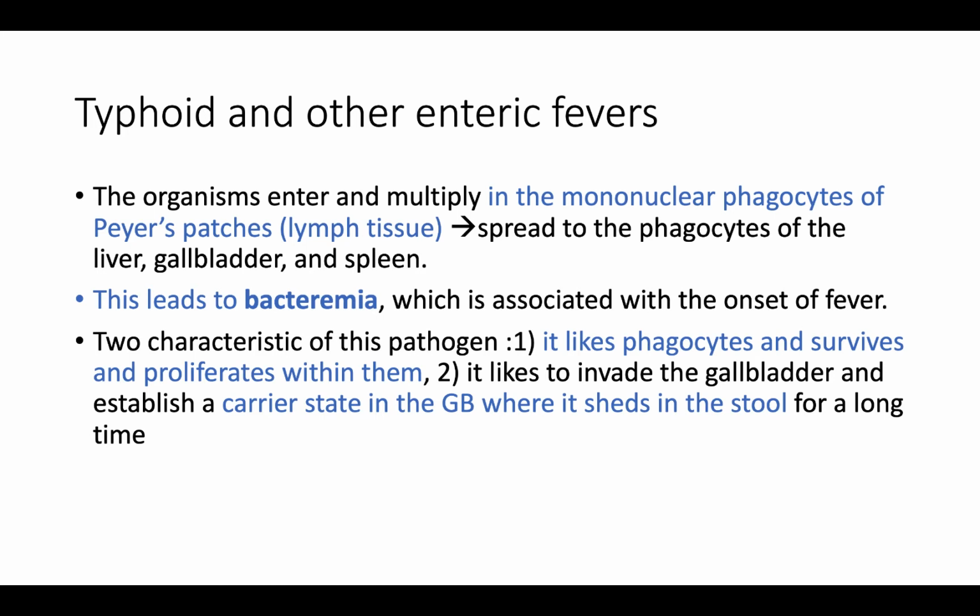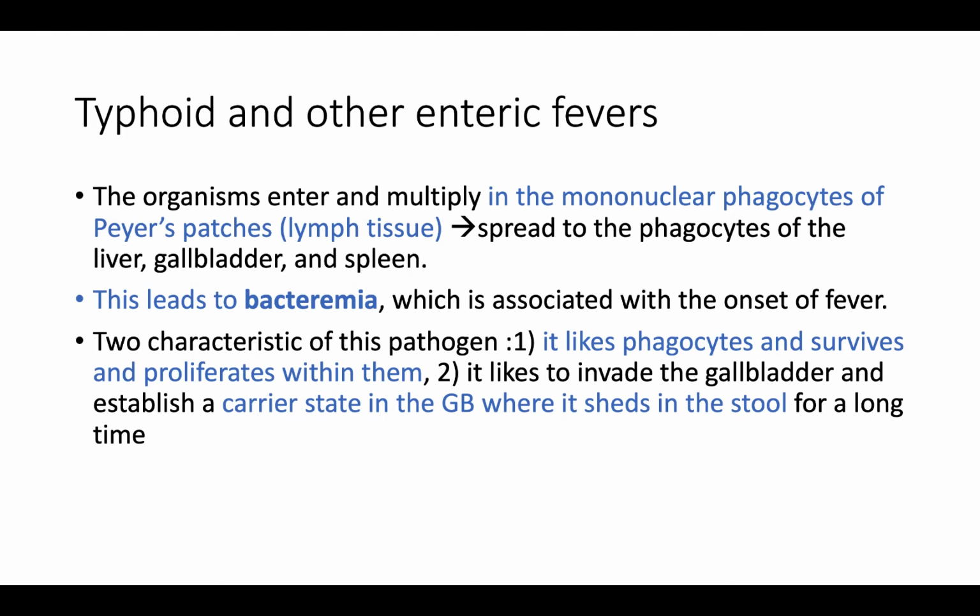Now, typhoid and other enteric fevers: the organism here enters and multiplies in Peyer's patches, and we know that Peyer's patches are present in the gut. عادة present in the colon, and they enter there, and we ذكر من pathology.